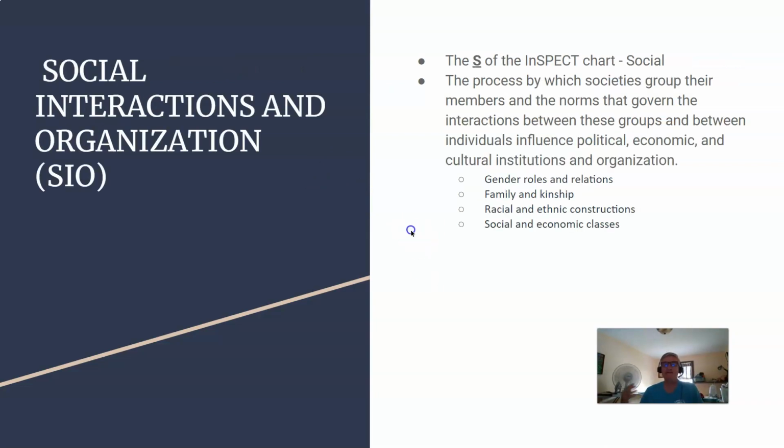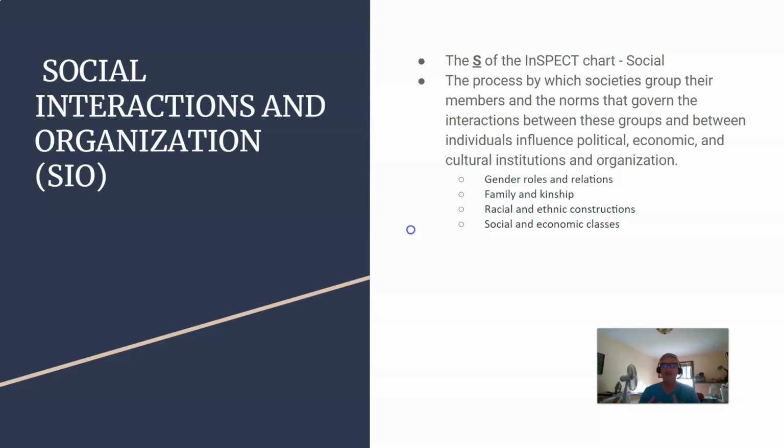The next thing up is social interactions and organization. That's the S of the chart, the social. These are the processes by which societies group their members and the norms that govern the interactions between these groups and between individuals, and influence political, economic, and cultural institutions and organizations.